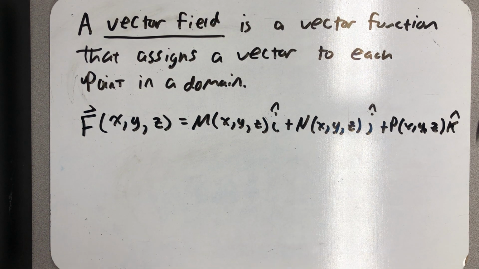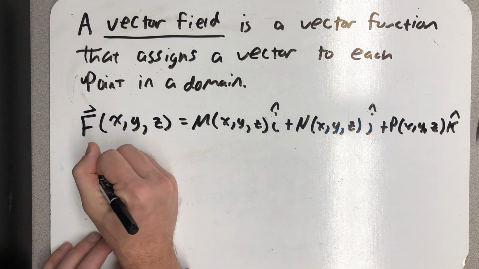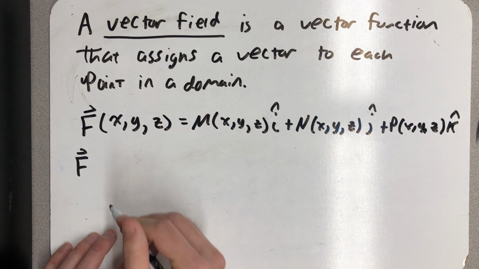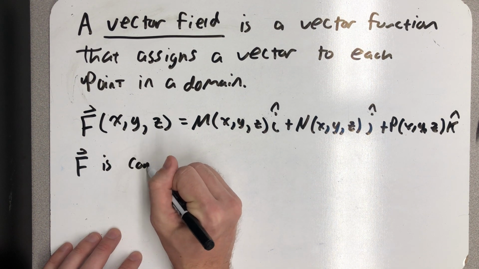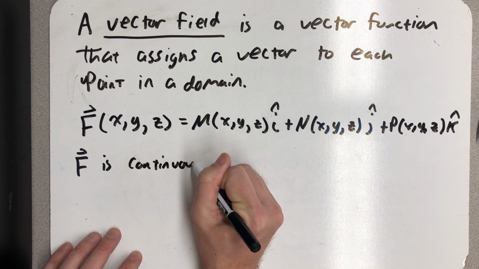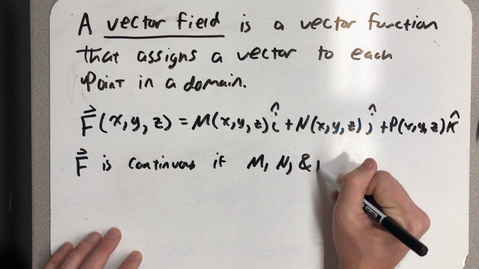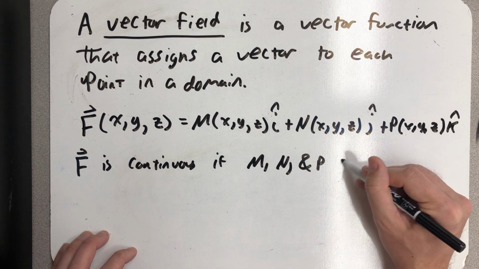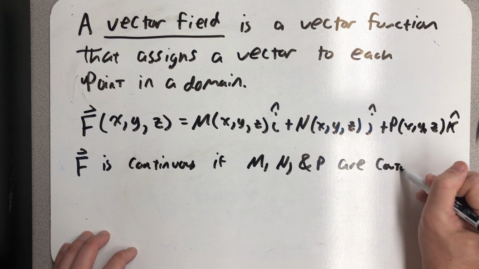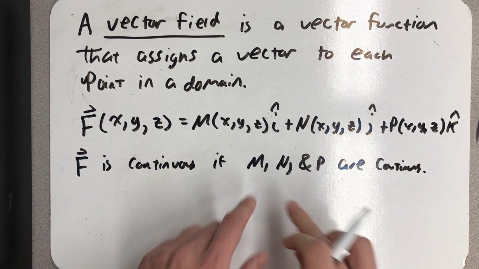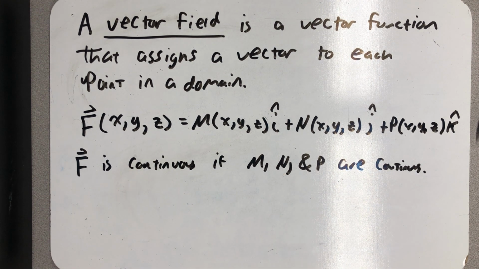And this lets me define the idea of continuity. A vector field F is continuous if M, N, and P are continuous. So anywhere M, N, and P are all continuous, F is continuous as well.